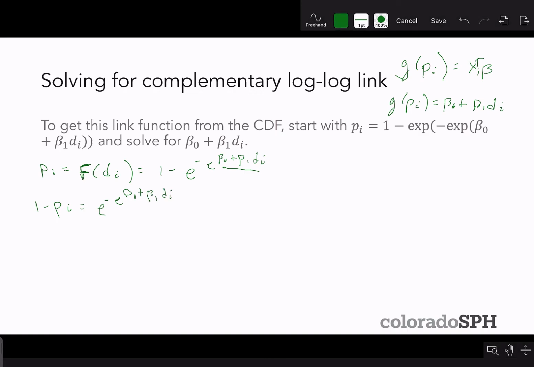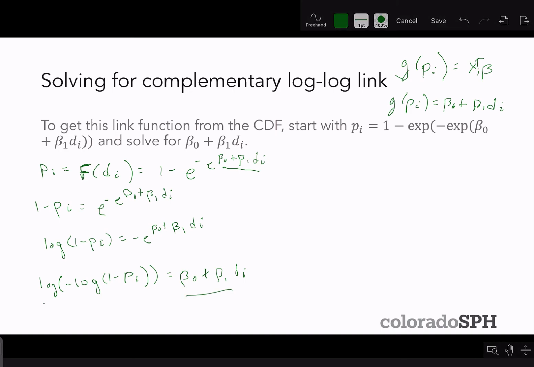Then we can take the log, and you divide by negative 1, and take the log again to get beta 0 plus beta 1 di on the right side, and this whole term on the left side.